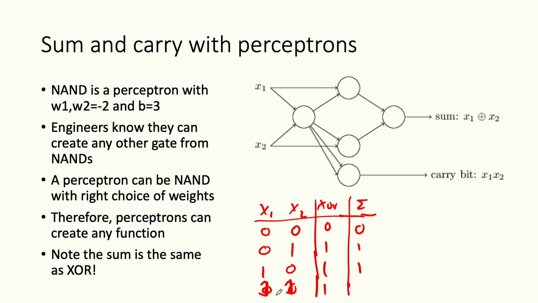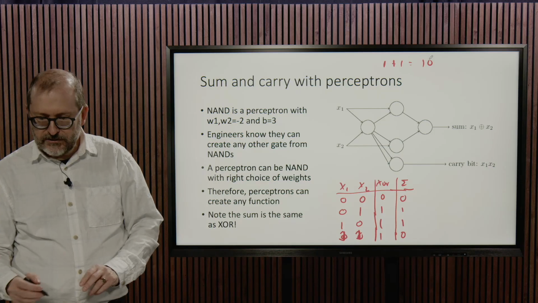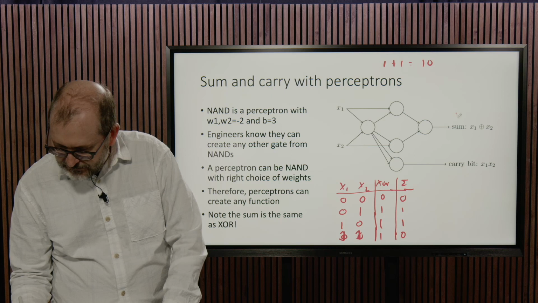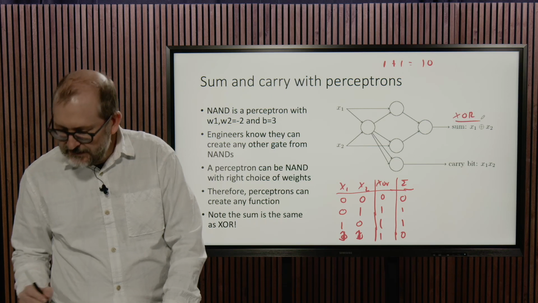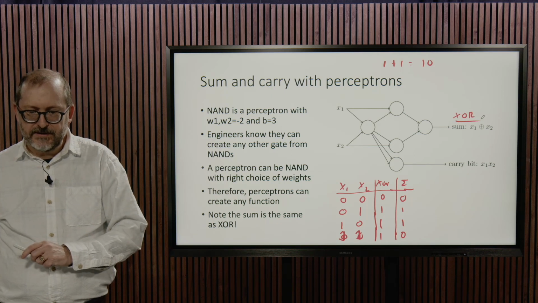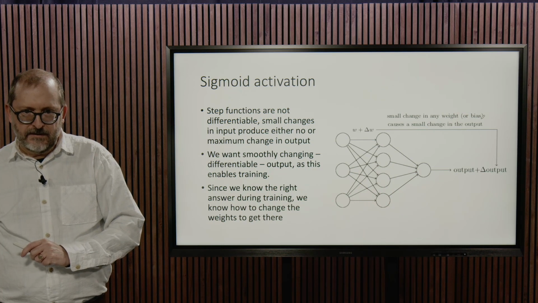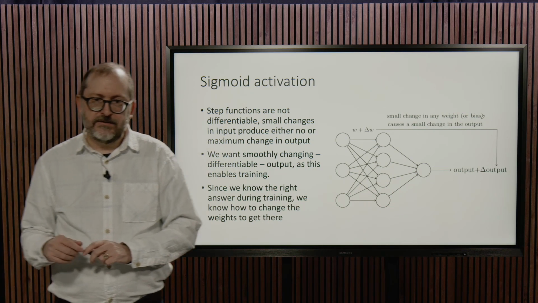Because 1 plus 1 is 2, but we're in binary, so there's 0 in the units place and a 1 in the 2's place. But anyway, the sum looks exactly like XOR. So I would assert that we've solved the XOR problem as soon as we've solved the sum. We can go into this in more detail in the discussion.